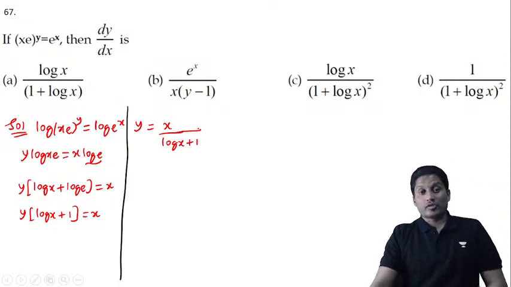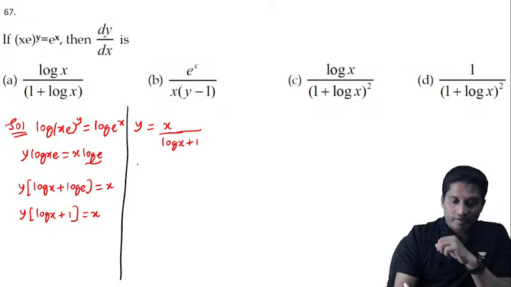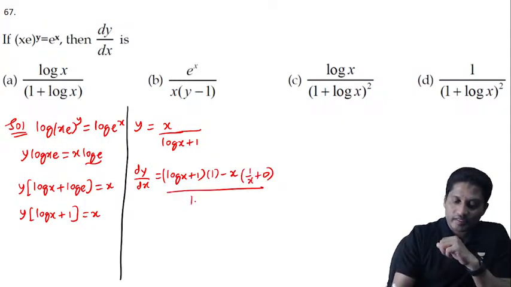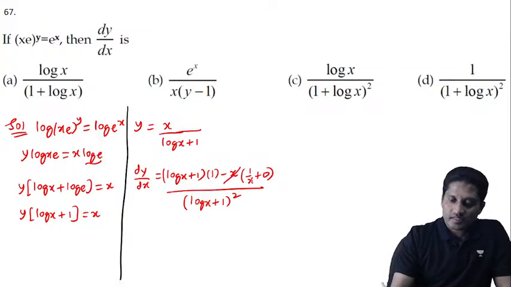Right, now if I use the quotient rule, dy by dx is equal to, use u by v, this is v into u dash minus u into v dash, divided by v square, that is log x plus 1 the whole square. This will cancel.